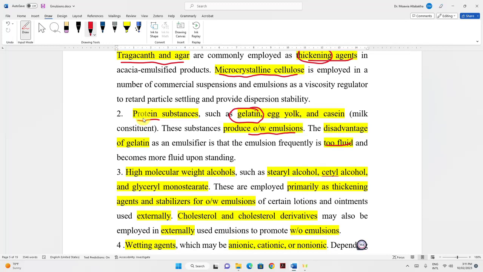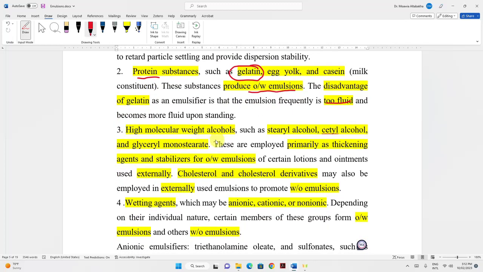When you look at creams, look at the constituents, because you will start to see these materials. I want you to be professional in this area. For high molecular weight alcohols, stearyl alcohol, cetyl alcohol and glyceryl monostearate, you find these constituents a lot in creams.